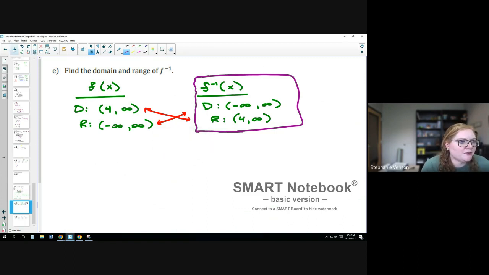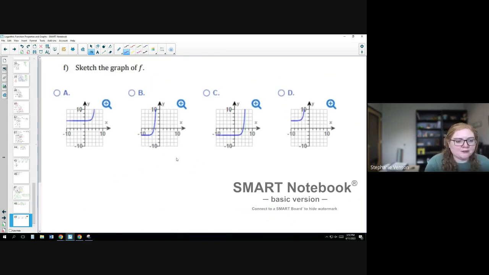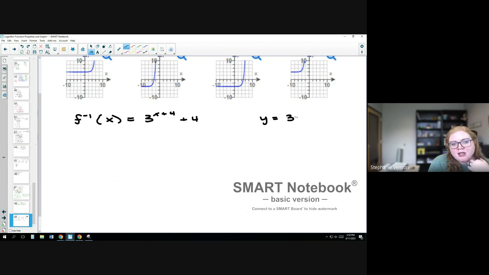All right, and here's my very last part. They are asking me to sketch the graph of f. So let's use our transformations again. Remember, or they're asking me to sketch f inverse, excuse me. F inverse is 3 to the x plus 4 plus 4, right? So that means the parent function would have been y equals 3 to the x.